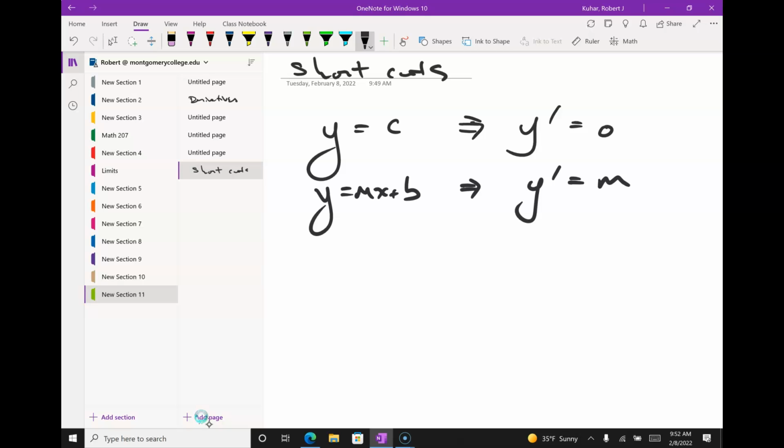Notice the slope on a line is the same everywhere, so the derivative is the same everywhere. y equals x to the n implies y prime is n times x to the n minus 1. Bring down the power, reduce the power.